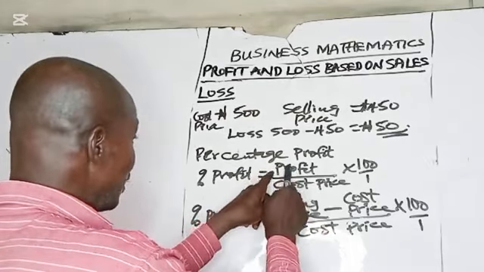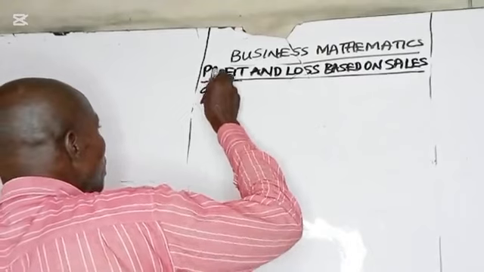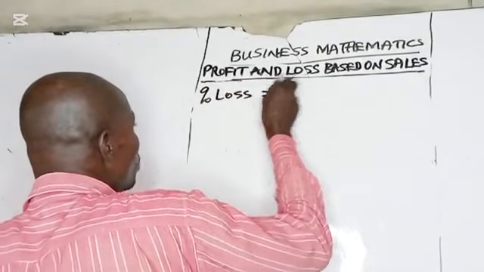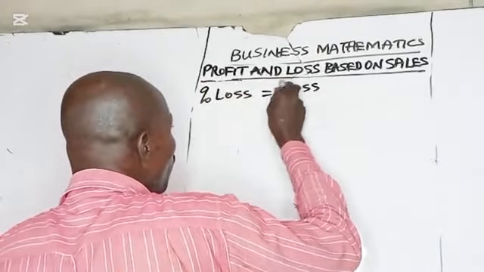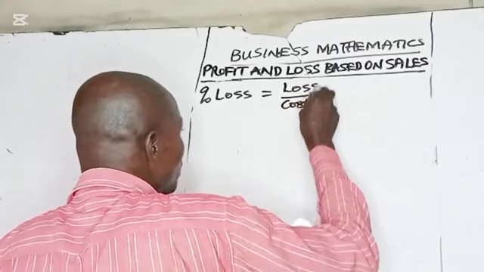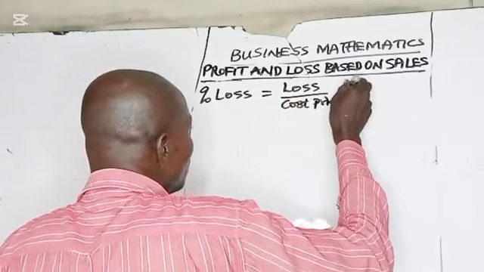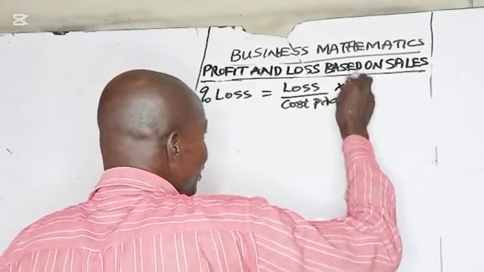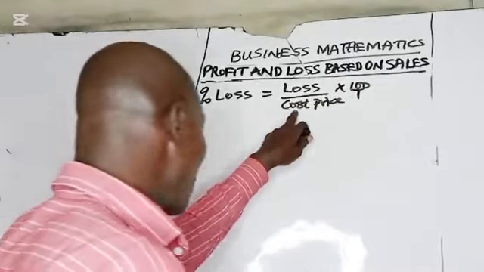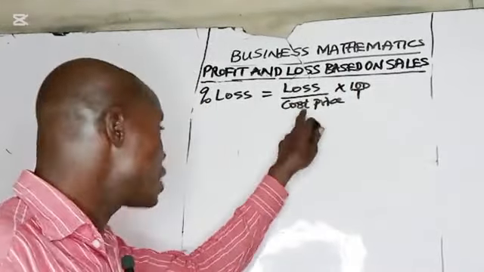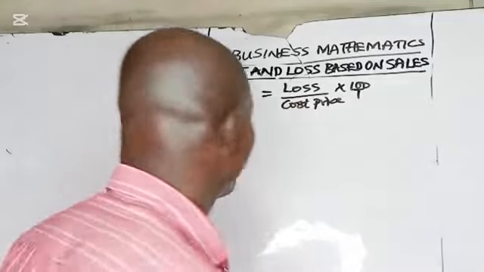Percentage loss equals loss over cost price times 100. As with percentage profit, the denominator is cost price. So for loss, the denominator will still be cost price.